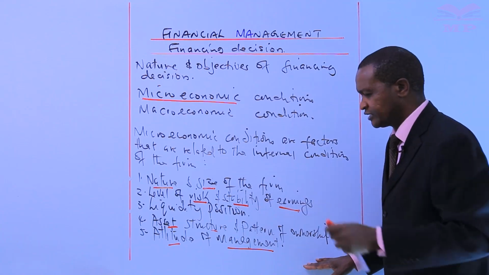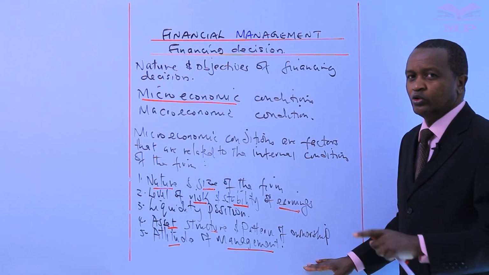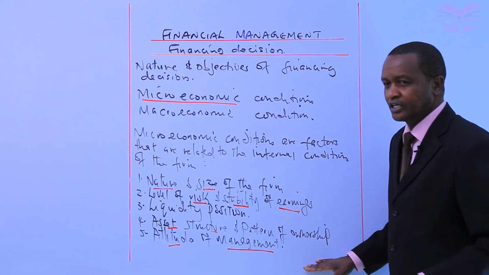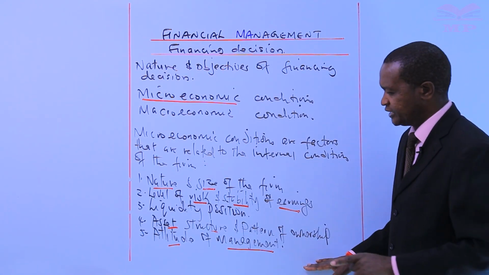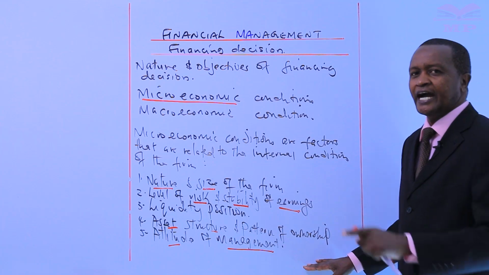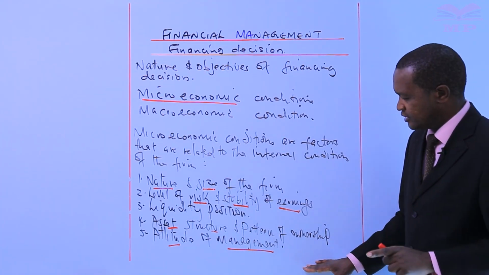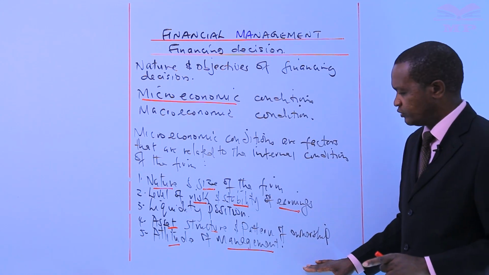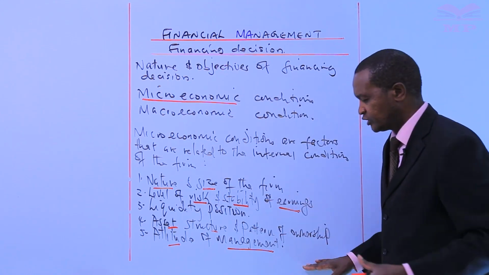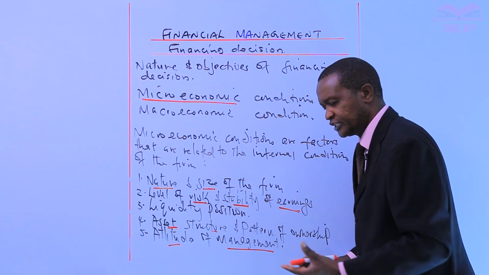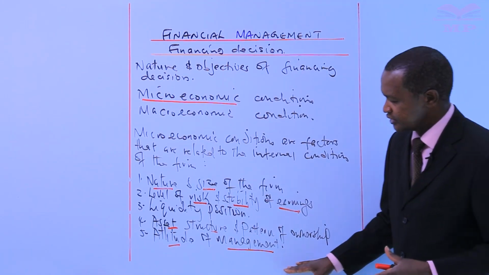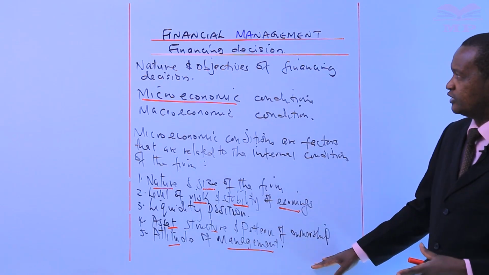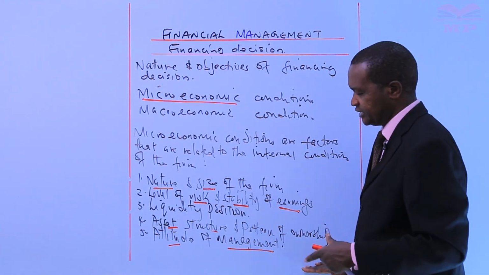So a conservative manager will prefer holding current assets, holding cash, maintaining high current assets. An aggressive manager is one who may go for risky projects in order to attain high profitability for the company. So you can see that the attitude can influence the kind of financing decisions that are made in a company.